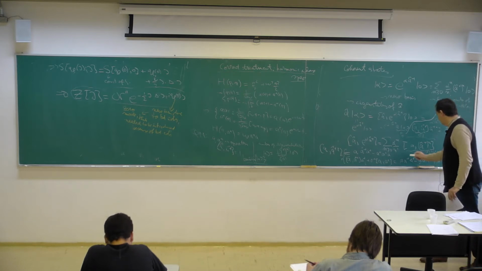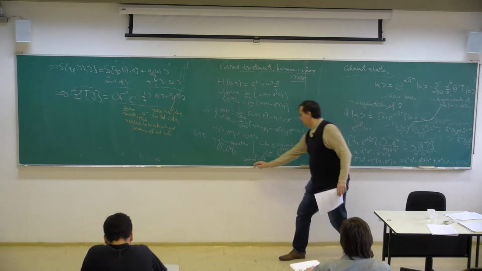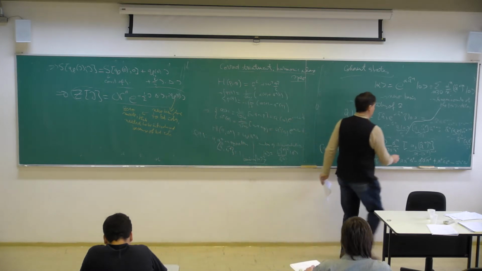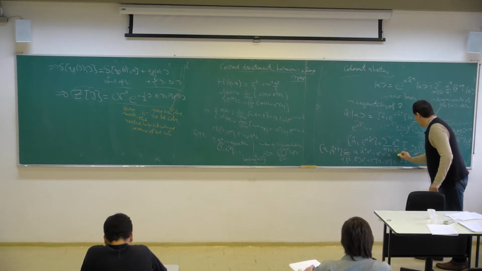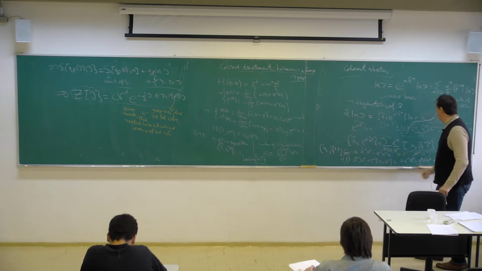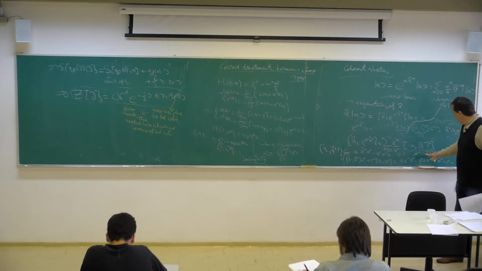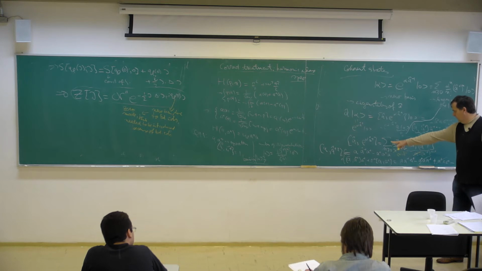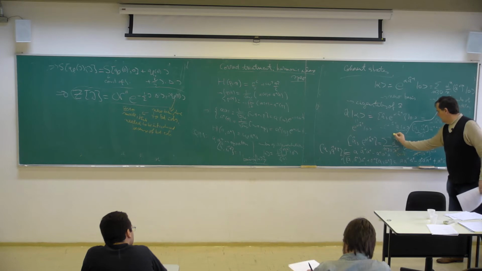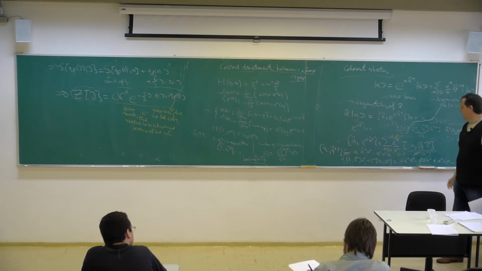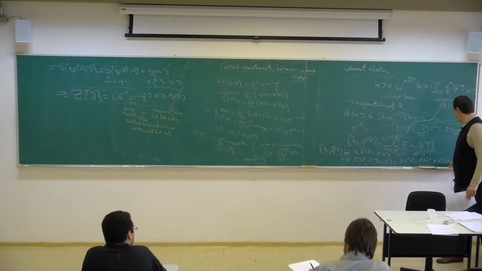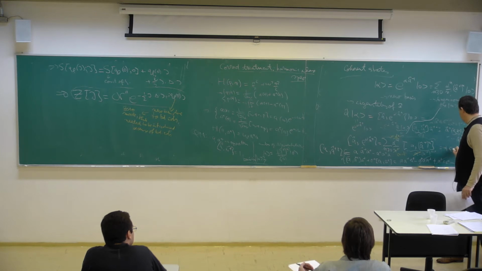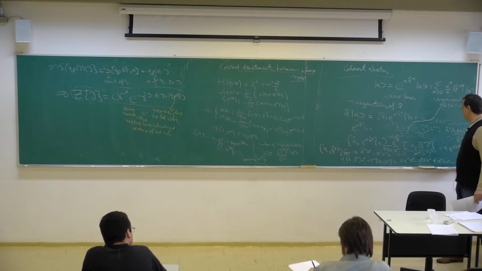The n cancels with the 1 over n factorial, and I'm left with A dagger to the n minus 1 divided by n minus 1 factorial. So this is almost the same exponential, except now I have alpha to the n, which I rewrite as alpha times alpha to the n minus 1. And now in the sum, I have the remaining thing. So this is indeed alpha times e to the alpha A dagger. Okay?